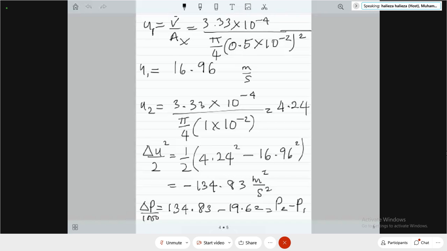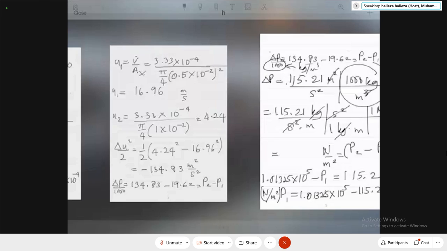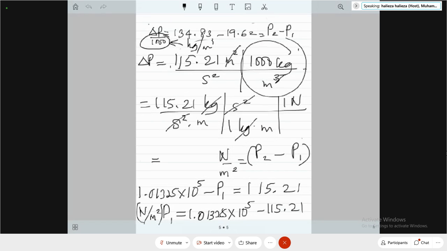Actually, yes, sir. I got negative for P1. Negative? Cannot be, because this value is bigger. Multiply by 1000 for that. Why multiply by 1000?